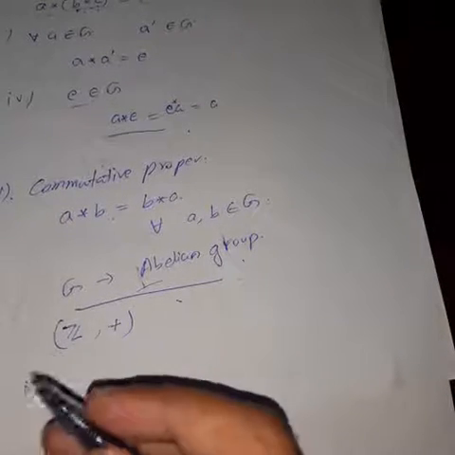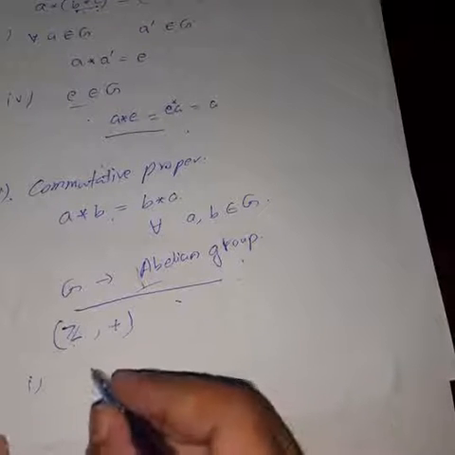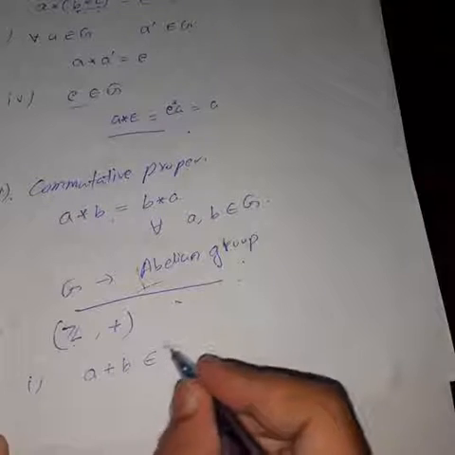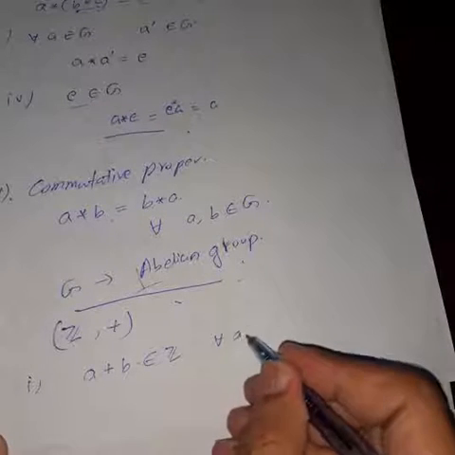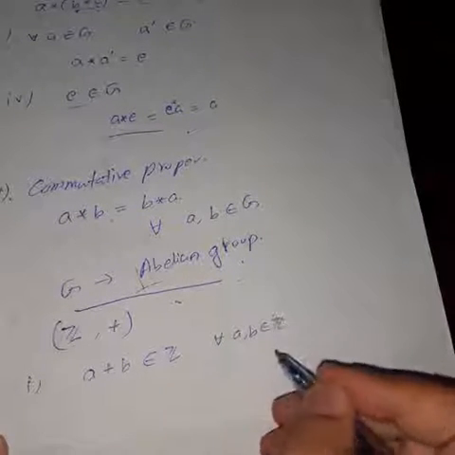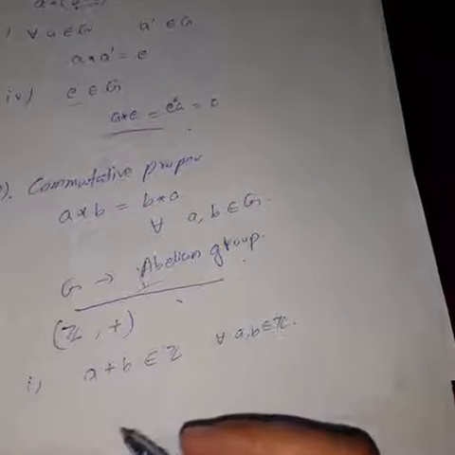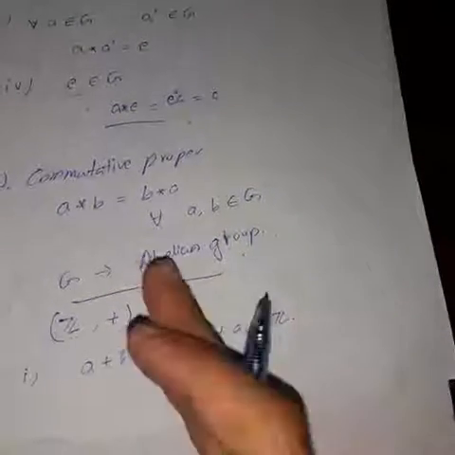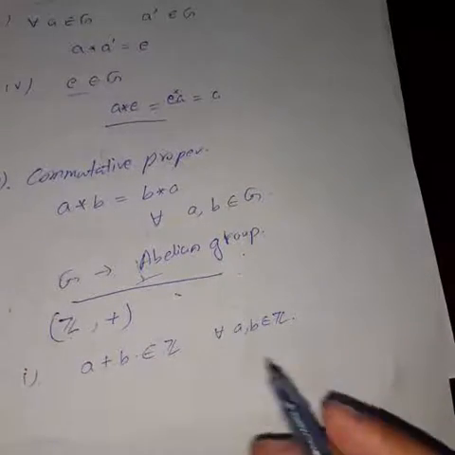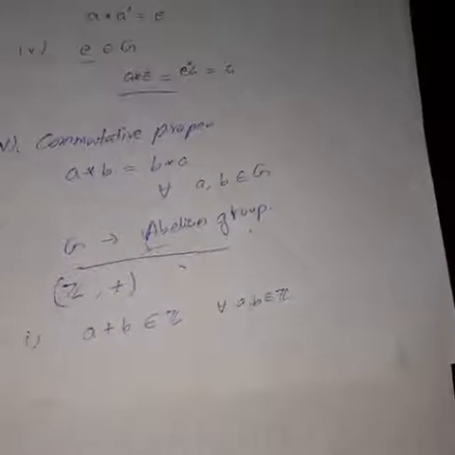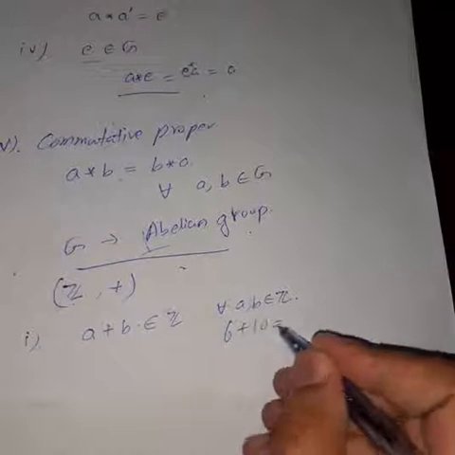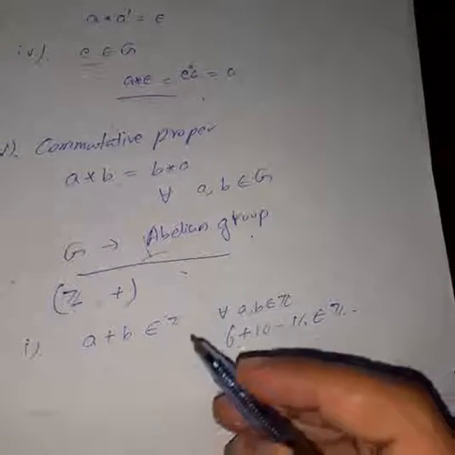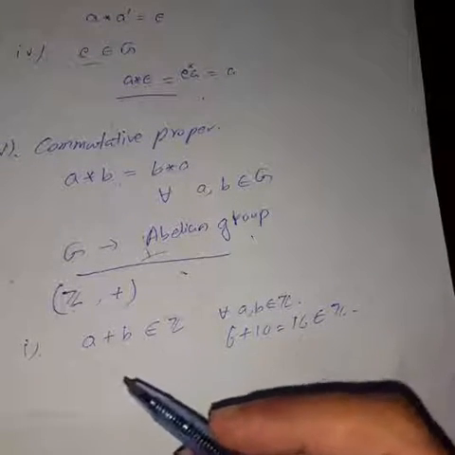If we add any two integers, then the answer must be an integer, that is, a + b should be an integer for all a, b belong to Z. It is clear that the sum of any two integers is also an integer. 2 plus 3 is 5, 5 is an integer. 100 plus minus 1 is 99, 99 is also an integer. 6 plus 10 is 16, also an integer. We clearly show that if two integers are added, the result is also an integer.